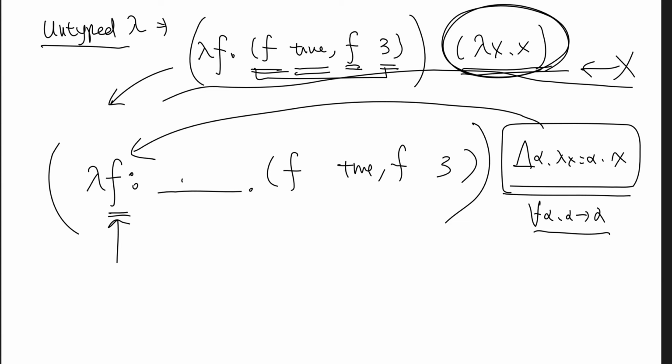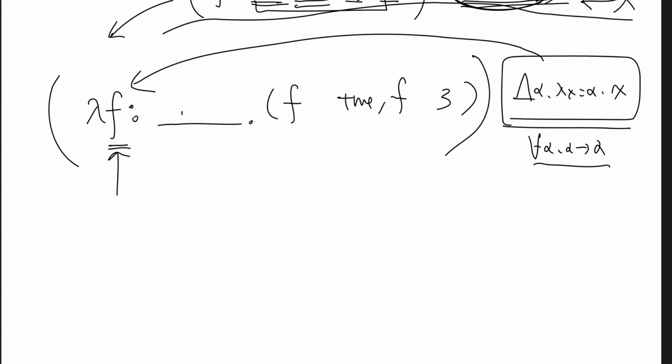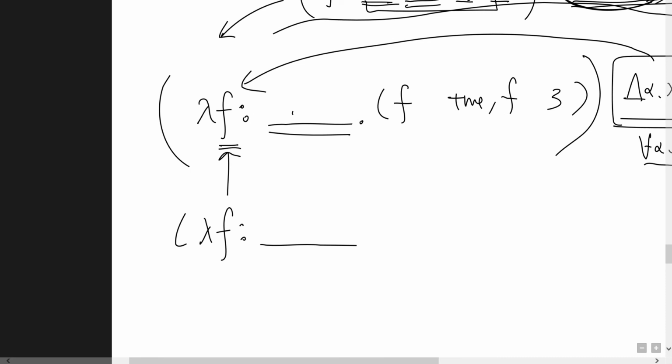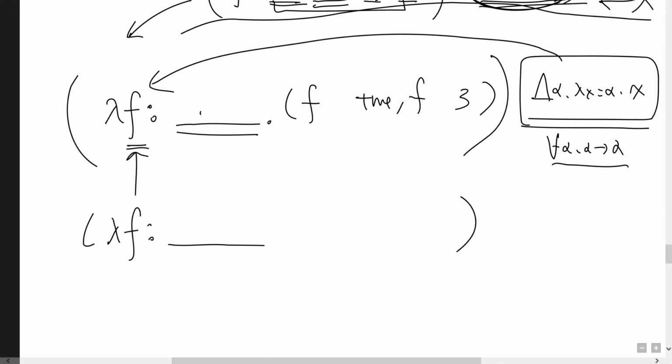We might attempt in a different way. So for instance, because this one allows only monotype, perhaps before applying the function, you could instantiate it to Boolean type. So for instance, capital lambda alpha, lambda x alpha dot x. So we apply this one to Boolean type.